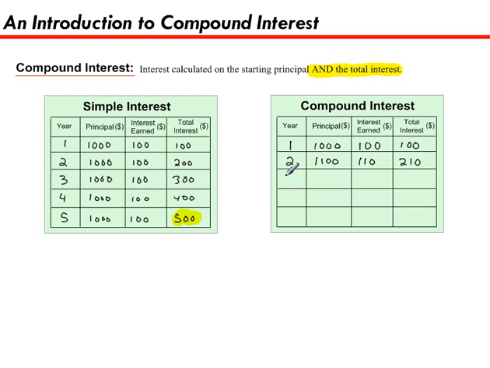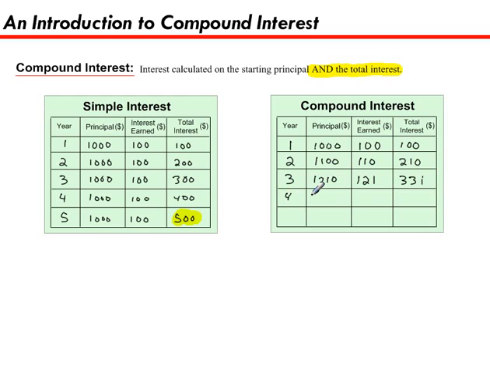They'll add it to the principal, meaning that after 3 years, that principal has grown to $1,210. And again, when it comes time to look at the interest earned, the bank will look at this new principal and take 10% of that value. And your total interest is the sum of all of the interest earned so far, which is $331.